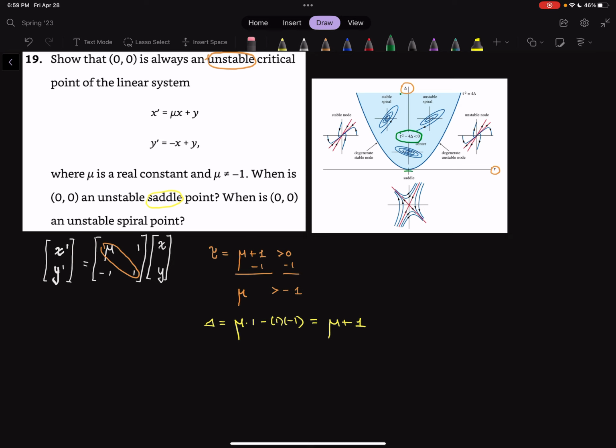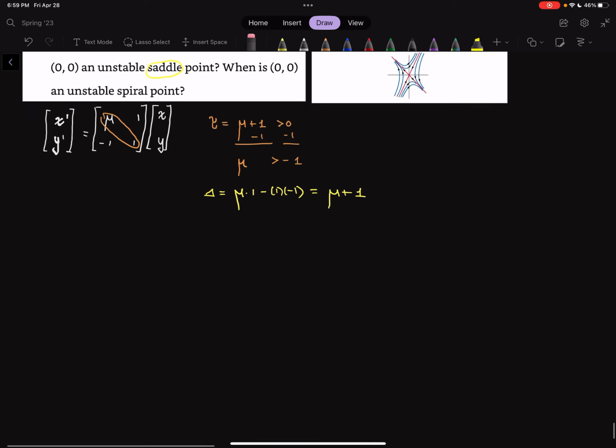Okay, so let's answer the saddle, because we know that as long as delta is less than 0, then we're in the saddle world. So let's put that condition in, and let's see what we get out for mu. We have that this needs to be less than 0, which means that mu needs to be less than negative 1.